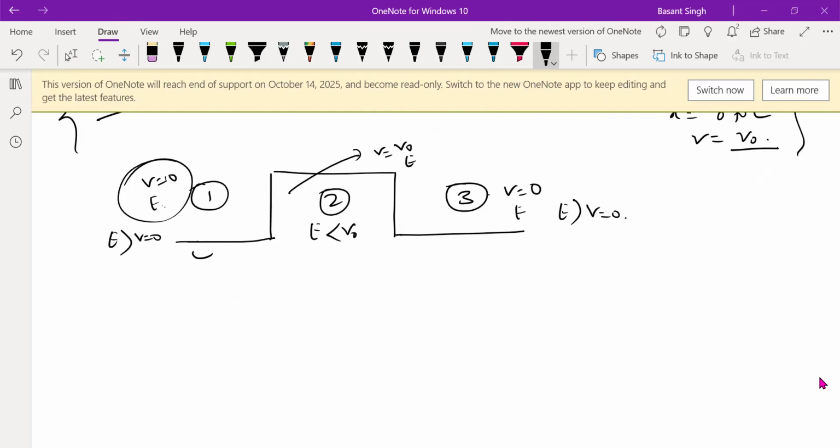So what is the wave function in each region? Let's say Psi1 equals what, Psi2 equals what, Psi3 equals what.